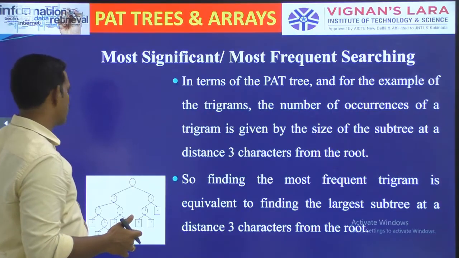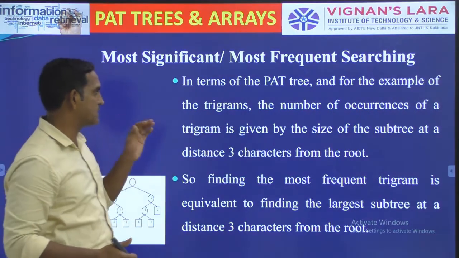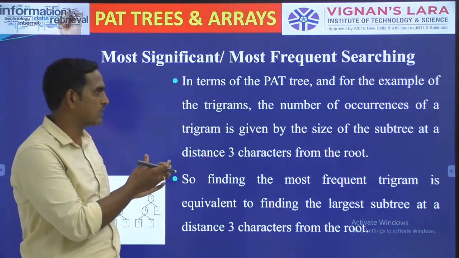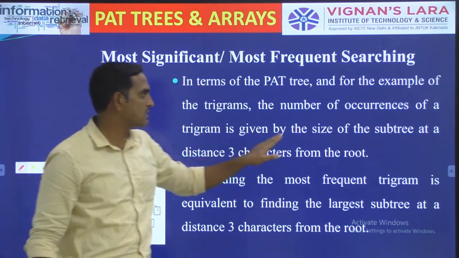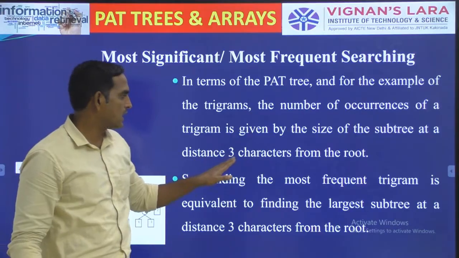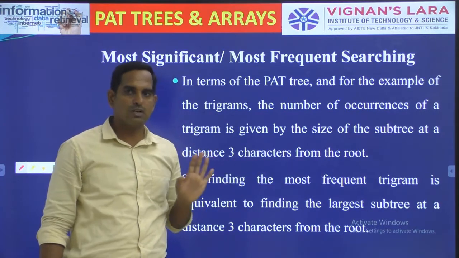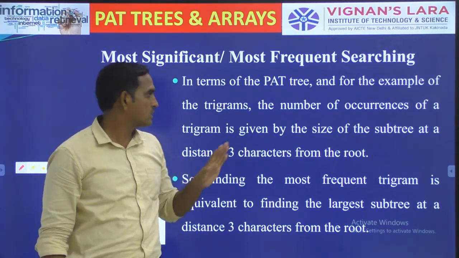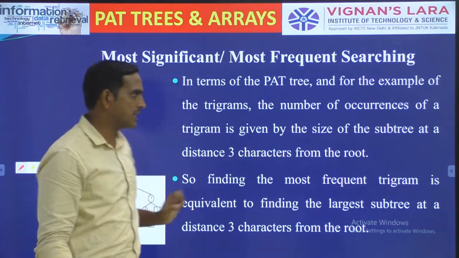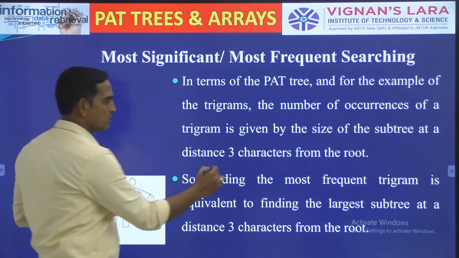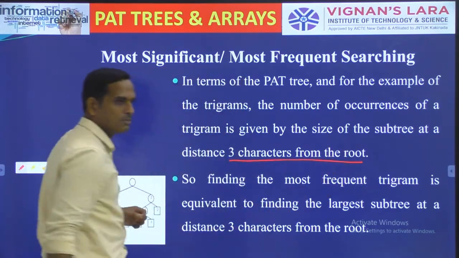So in terms of the tree, for the example of trigrams, the number of occurrences of a trigram is given by the size of the subtree at the distance of 3 characters from the root node.